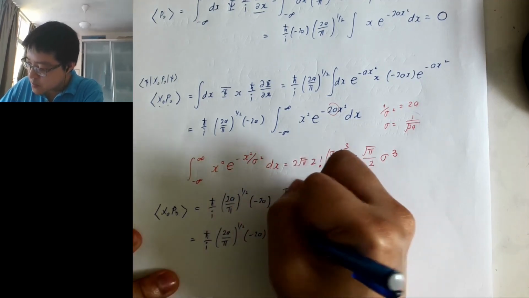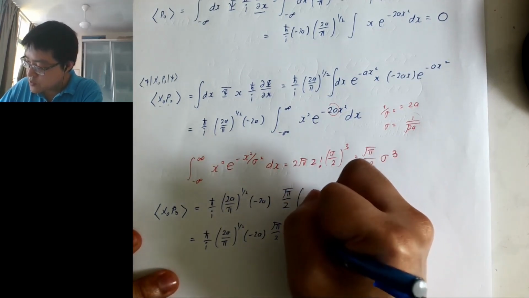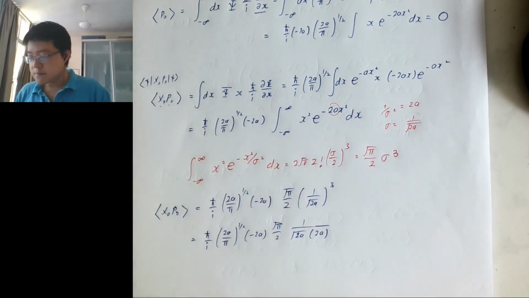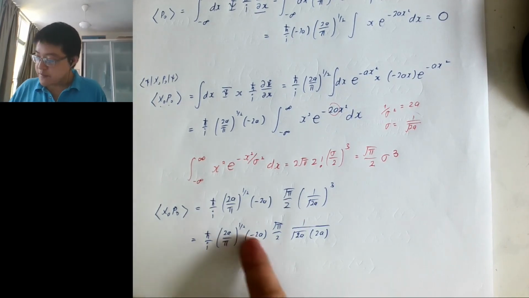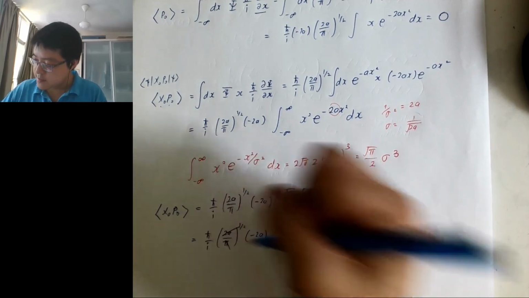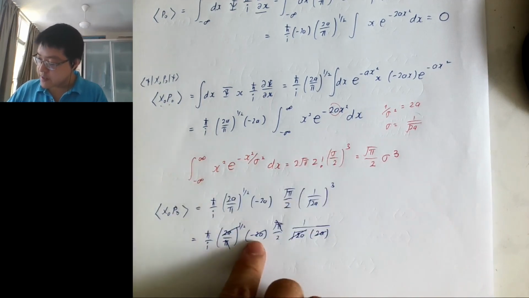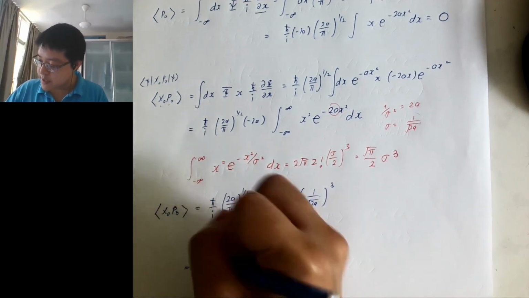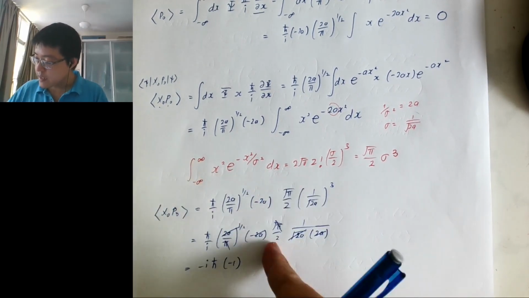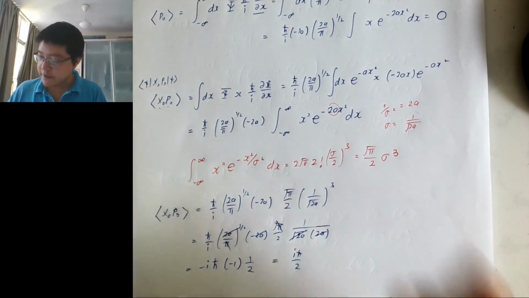So we've got square root of pi over 2, and this thing to the power 3, so it is 2a, and then 2a, 2a. Now if we put it this way, we have some simplifications. Cancel, cancel. In fact, 2a cancels with 2a, there's a minus 1. If I bring the i upstairs, I get i h bar minus 1, and after cancelling everything I'm left with a half. So at the end of the day, this is i h bar over 2.